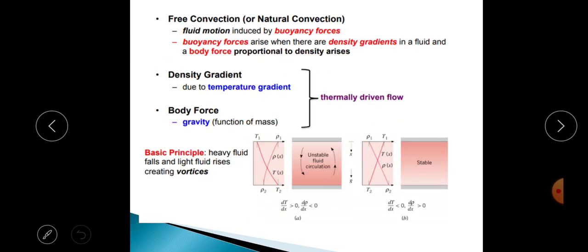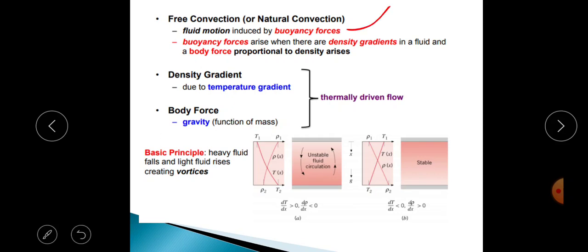Alright, so first is free convection. It is also called natural convection. In free convection or natural convection, fluid motion is induced by buoyancy forces.